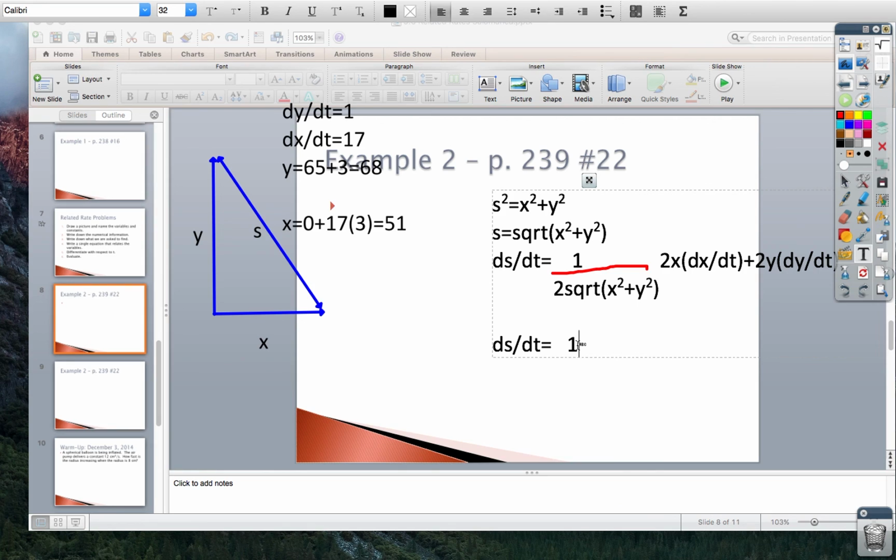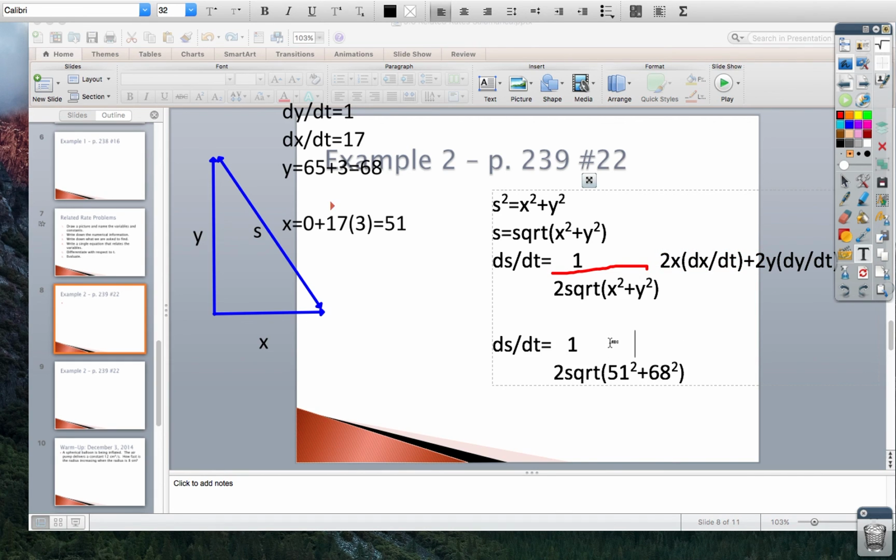We're going to throw in 1 divided by 2 times the square root of x, which became 51 squared, plus 68 squared. And then we have this 2x dx/dt business.